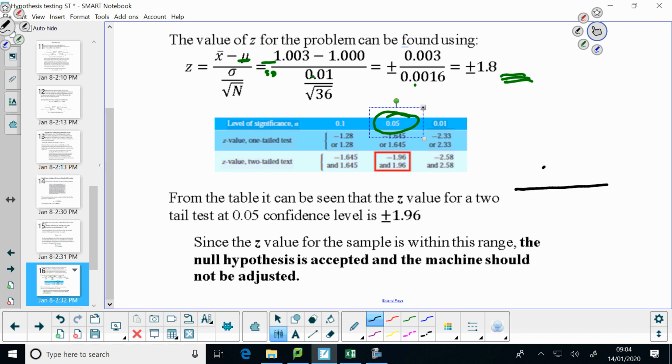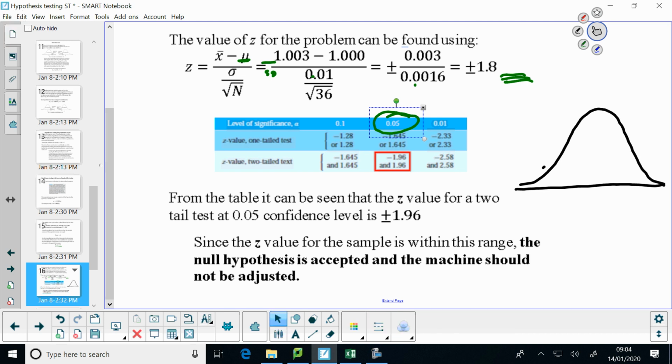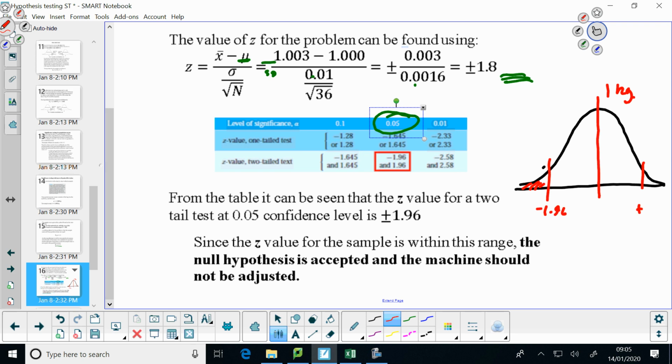So thinking about our normal distribution here, we've got two Z values, one above and one below, at minus 1.96 and plus 1.96.